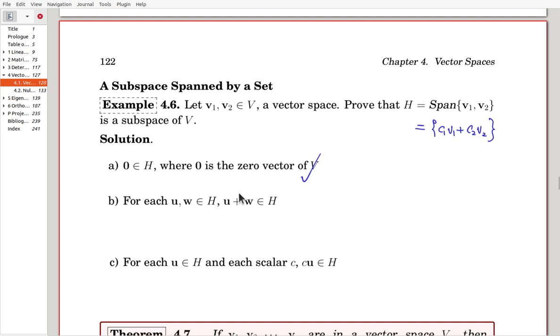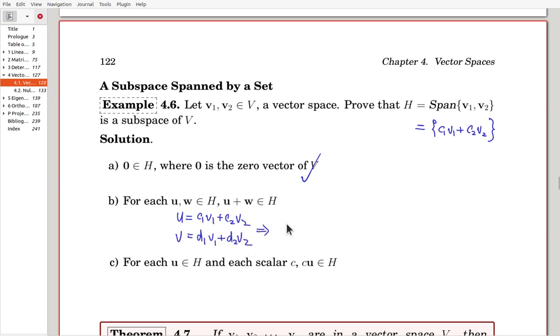So 0 is inside. Okay, that is fine. Now if you choose two entries from H, for example, u will be C1 V1 plus C2 V2, and v can be, using other coefficients, D1 V1 plus D2 V2.